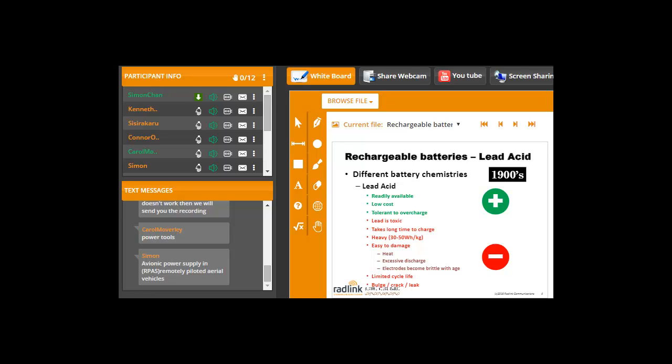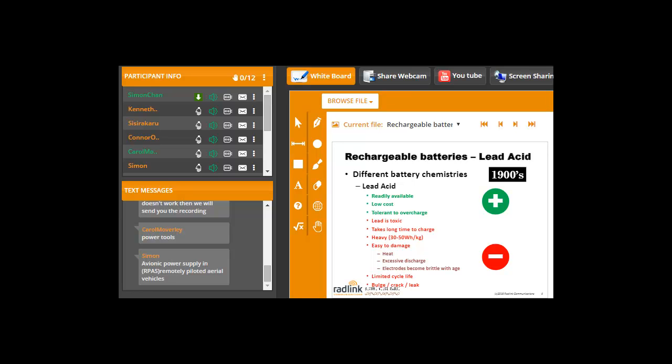But they have terrible self-discharge characteristics. I don't know if you've ever left your drill or electric tool, rechargeable tool on the bench and found that the battery has gone flat in the time that you've basically not used it. There's also that problem that many of you know about, which is called charge-discharge memory effect. We won't go into details now, but let's keep moving because otherwise we'll run out of time.